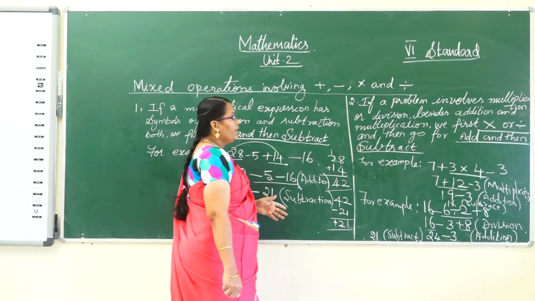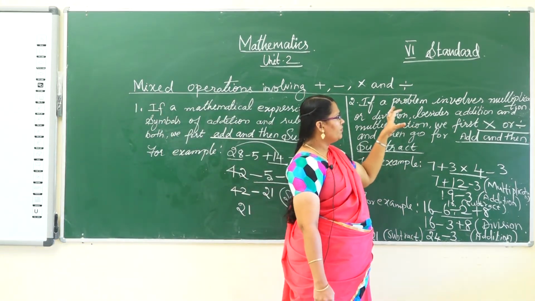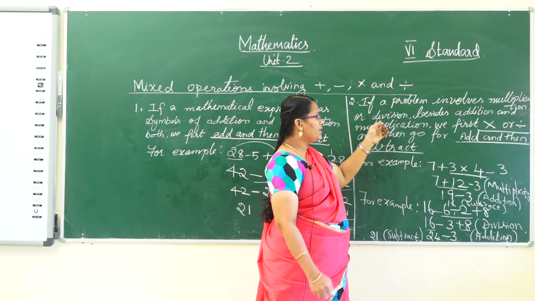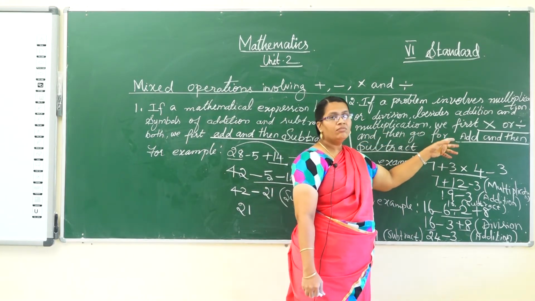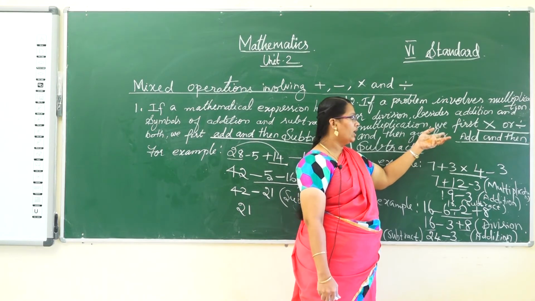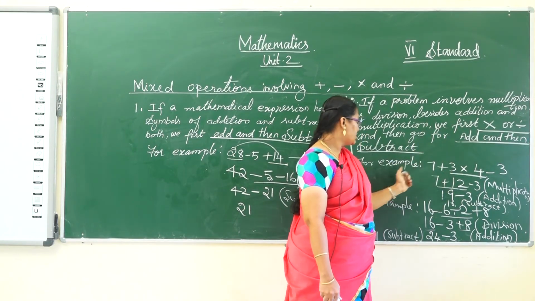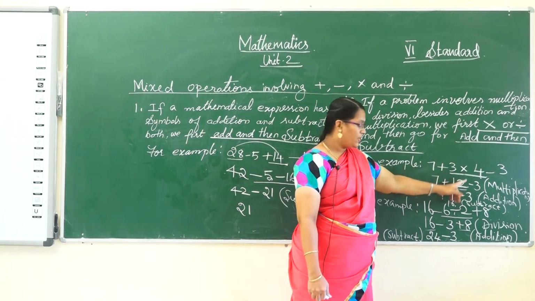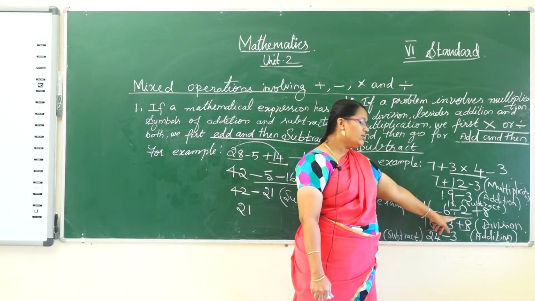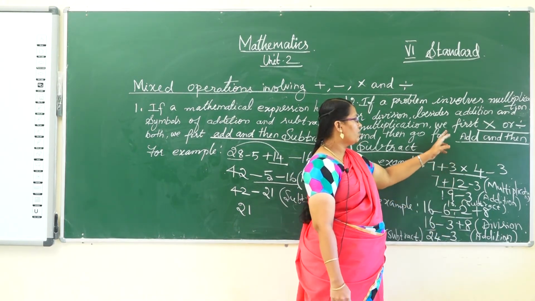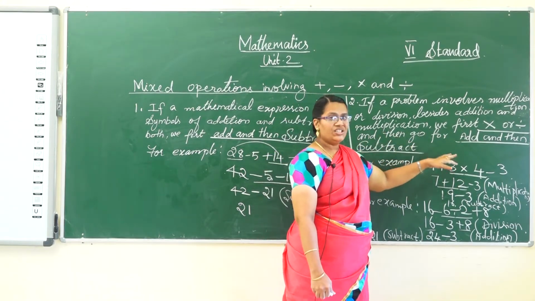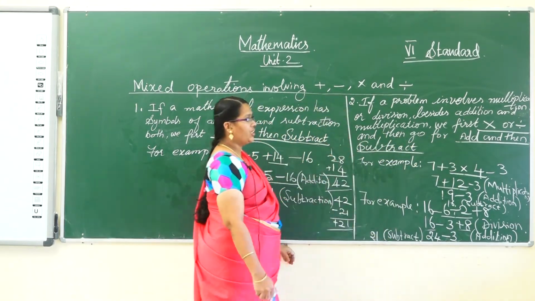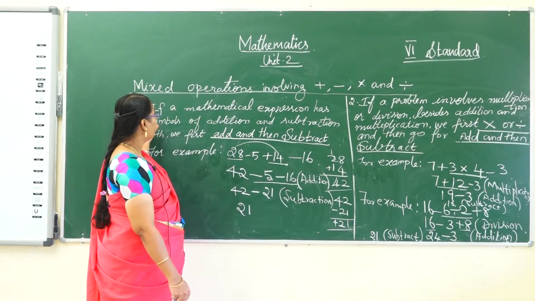And next, if a problem involves multiplication or division besides addition and subtraction, we first multiply or divide. The first example had multiplication, the second one had division. So first preference to multiplication or division, and then addition and then subtraction. I hope you understand the first two concepts.